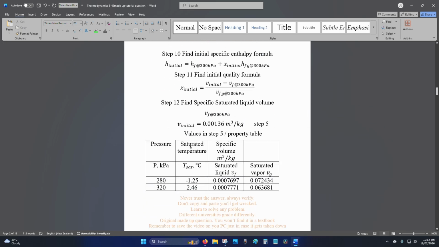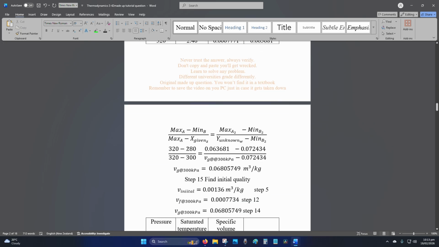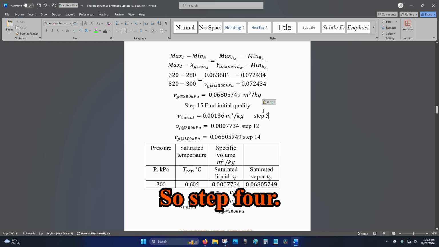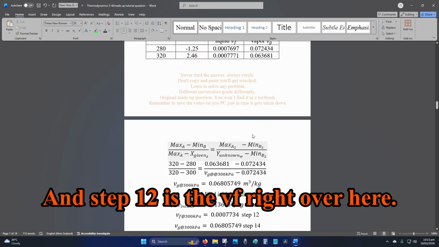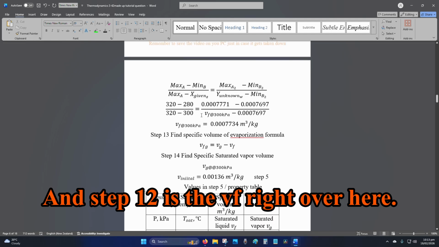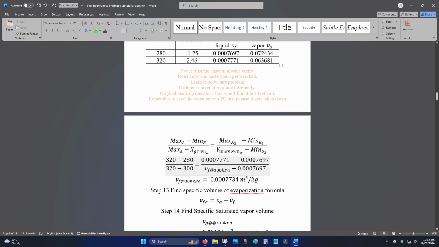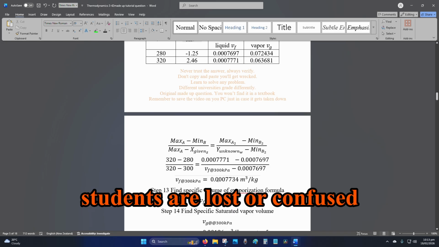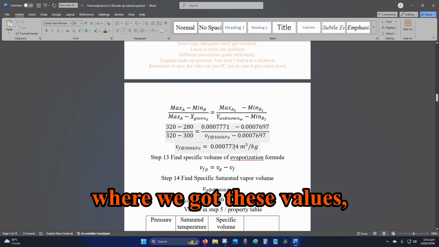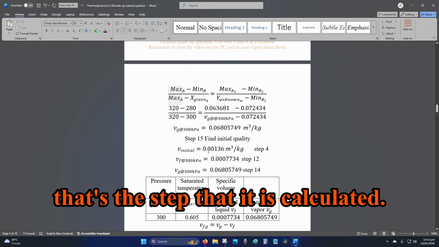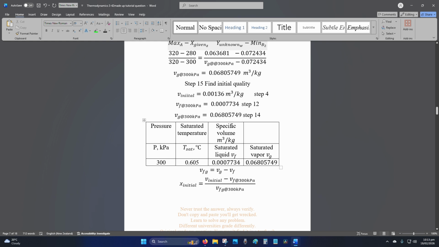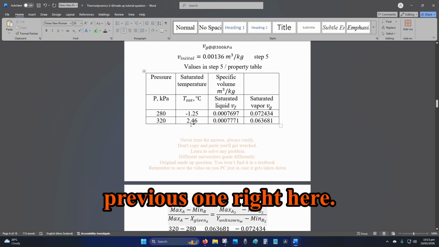Apologies. Okay, so step 4. And step 12 is the vf right over here. So just in case students are lost or confused where we got these values, that's the step that it is calculated. And step 14 was just our previous one right here.